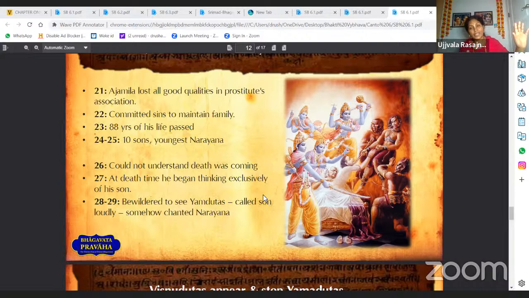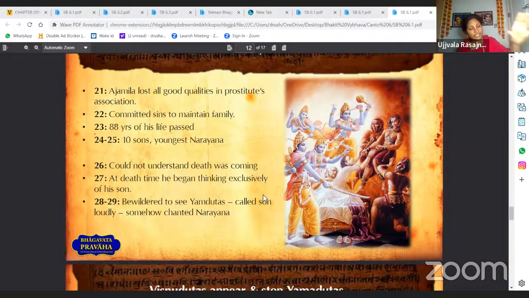And at the time of death also, he was so attached to his son, who was playing there. That's why, when the Yamadutas came, Yam yam vapi smaran bhavan tyajatyante kalevaram. He was thinking of his son Narayana the whole life. He was so attached to everything material, and when his last son was born, he got so attached to him.